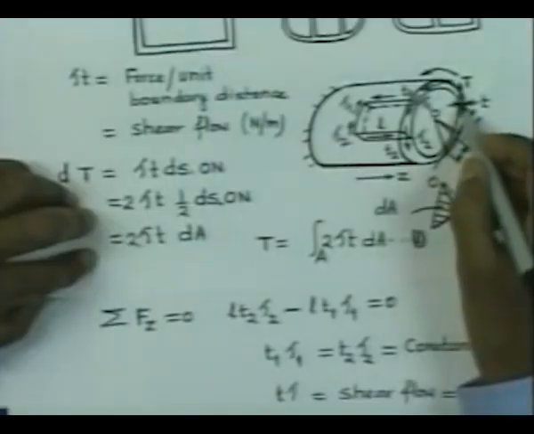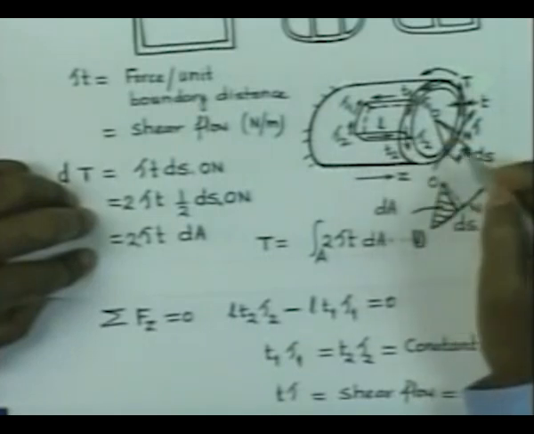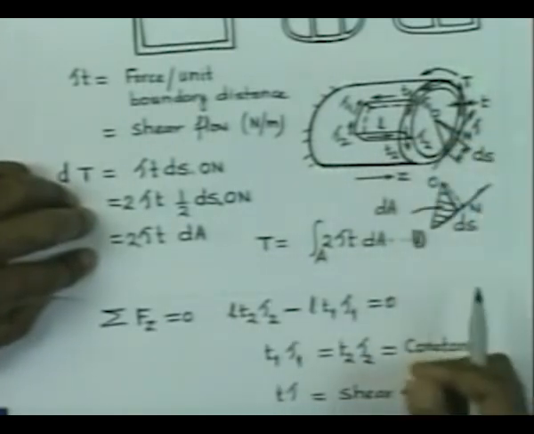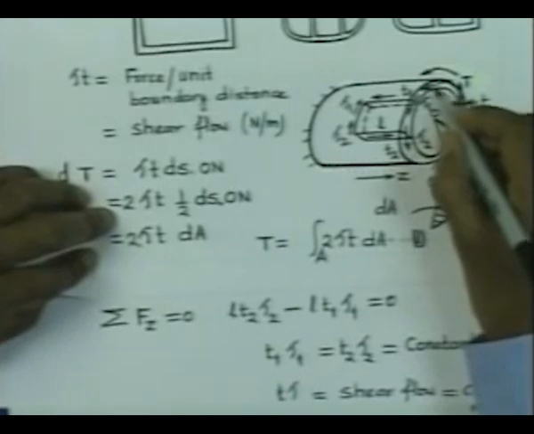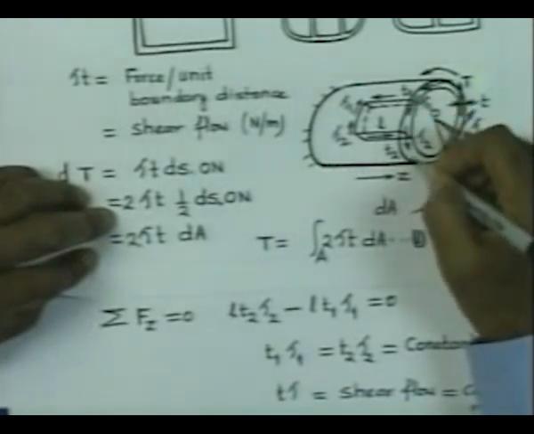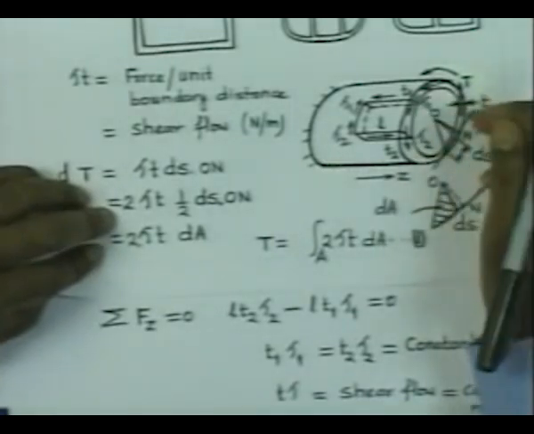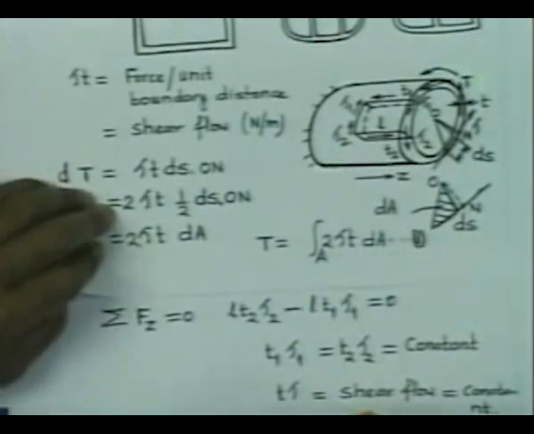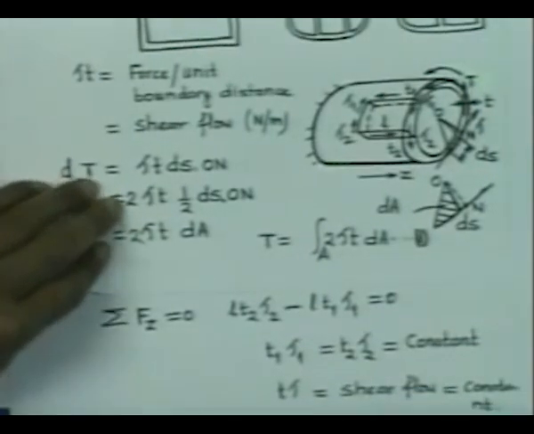Think of that fluid is flowing in the circumferential direction. If the fluid is incompressible, then every section would have the same quantity of fluid. And therefore, it is actually from that analogy this shear flow is borrowed, that it is as if that some quantities of fluid is flowing and that fluid quantity is remaining constant, and therefore, this shear flow is constant. So, that it is borrowed from fluid mechanics.